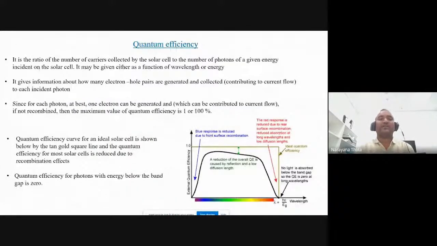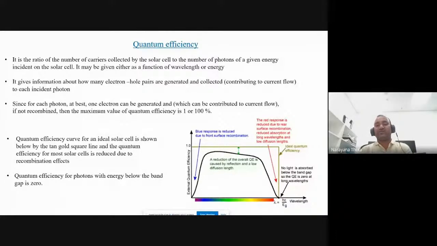And also, quantum efficiency is an important parameter to assess solar cells. This gives how many photons are absorbed and how many participate in the current. Ideally, one photon should generate one electron hole pair, and these are collected by the external contacts. If that happens, we call it maximum efficiency, 1 or 100%.